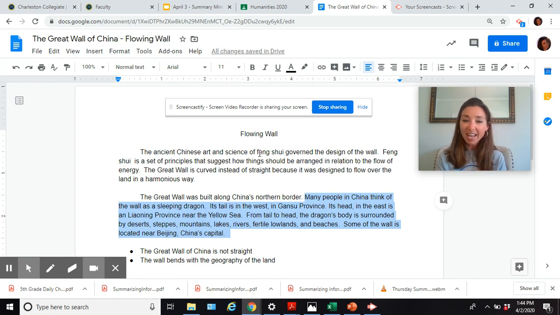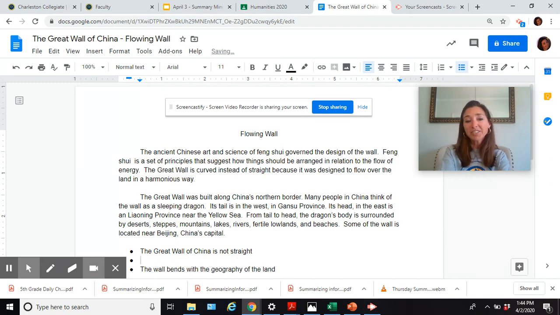Now, I will say, I do like the fact that it says Feng Shui up here, because that seems like a very technical vocabulary term. Didn't forget about that, guys. So maybe the Great Wall of China is not straight. And maybe I might just add down here, the Chinese use feng shui to help design.